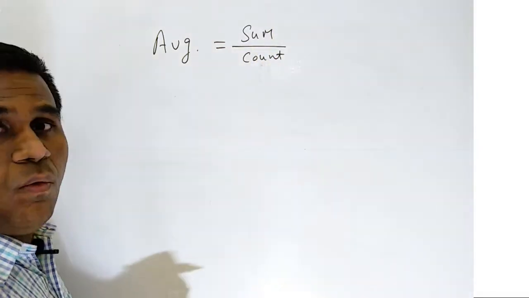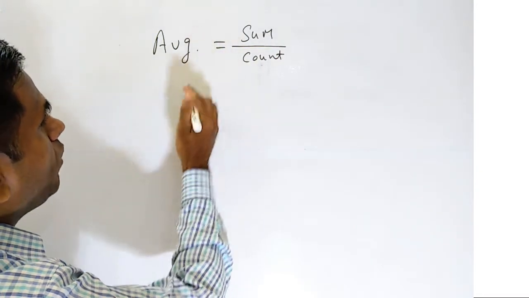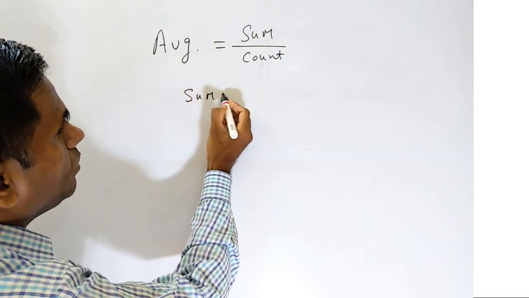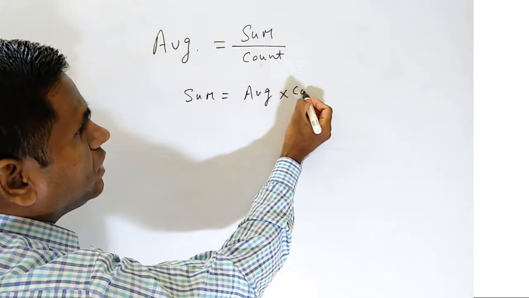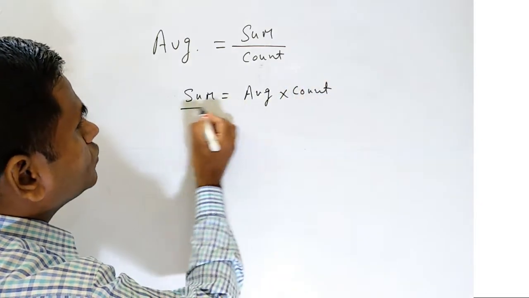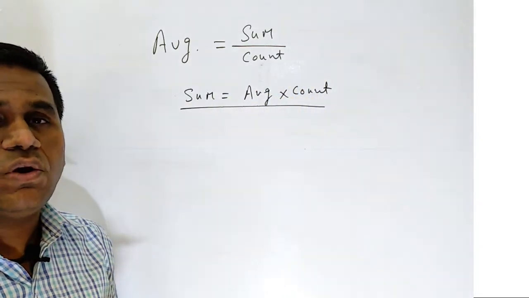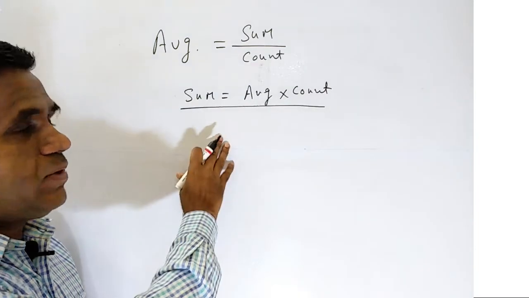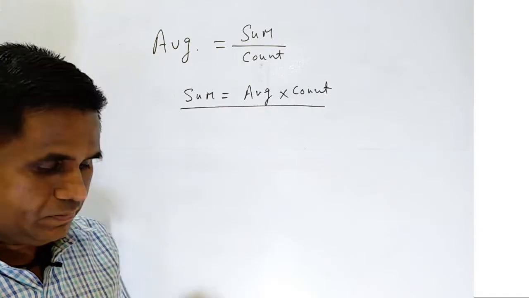Now what we will derive from this formula is, if you want to find out the sum of the numbers, then we can multiply the average and count. Using this formula we will be solving our problems based on age and weight. So let's see the problems quickly.